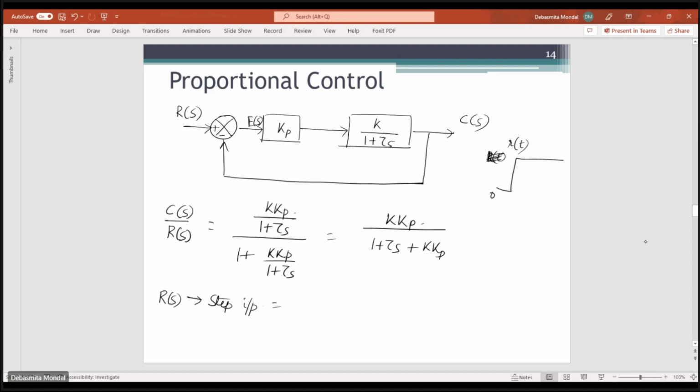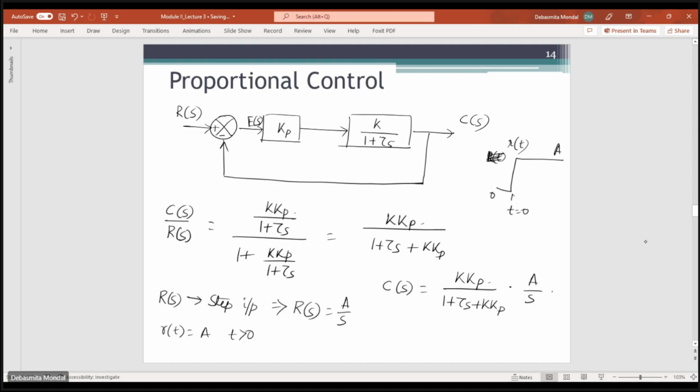Let's say that value is A. So r(t) is equal to A for t greater than 0, with the step at t equals 0. That means the value of R(s) will be equal to A by s. So from here you can write that C(s) will be K Kp divided by 1 plus tau s plus K Kp, into A by s.